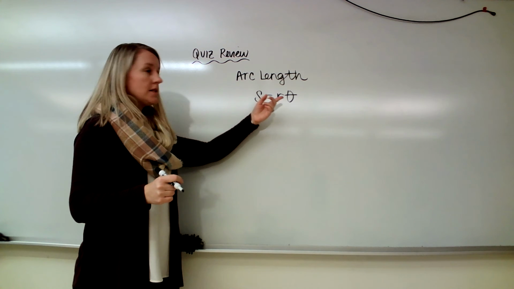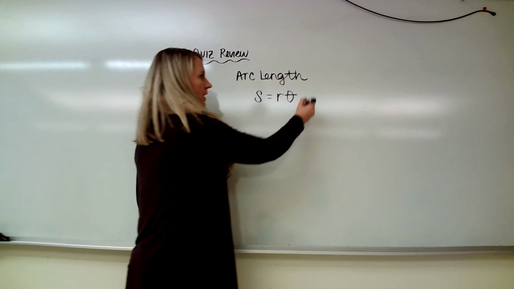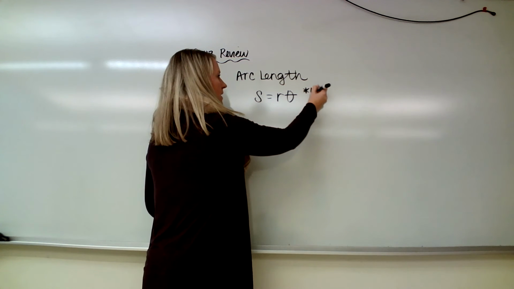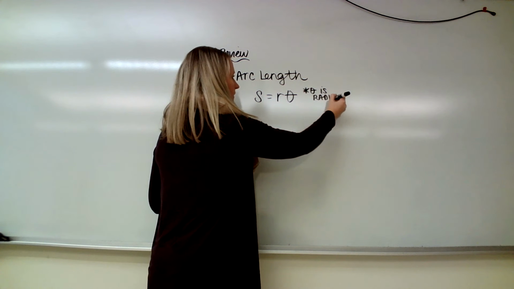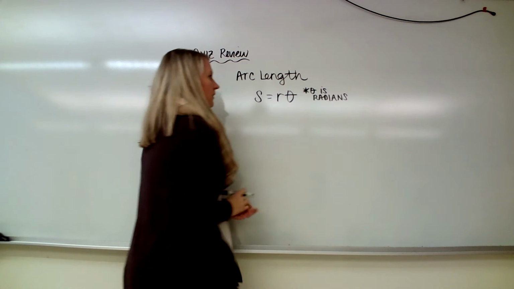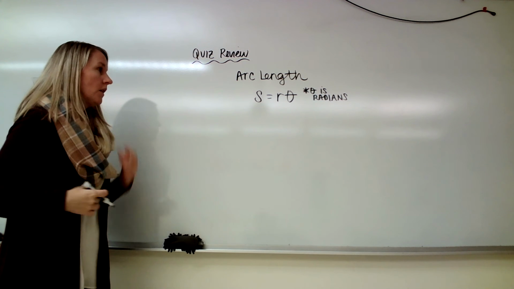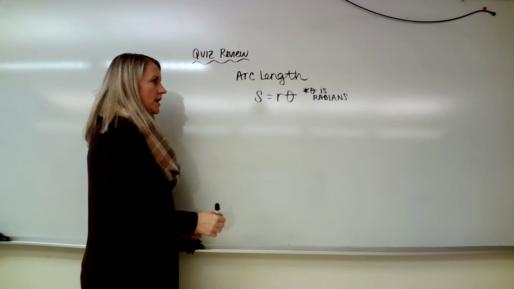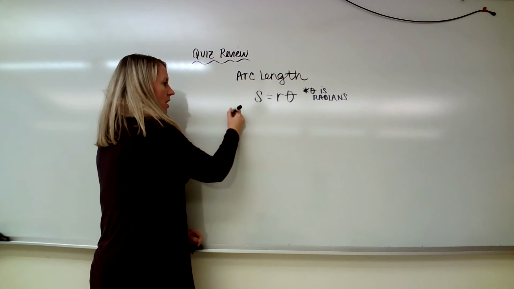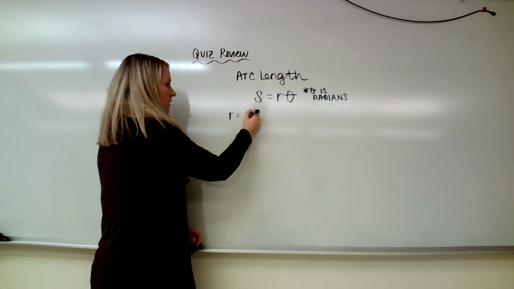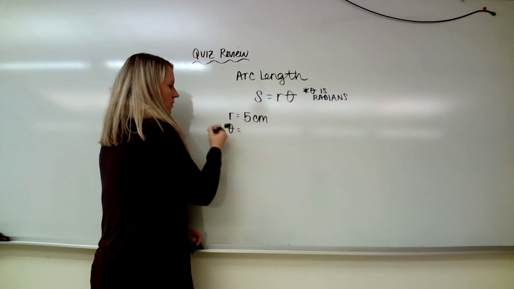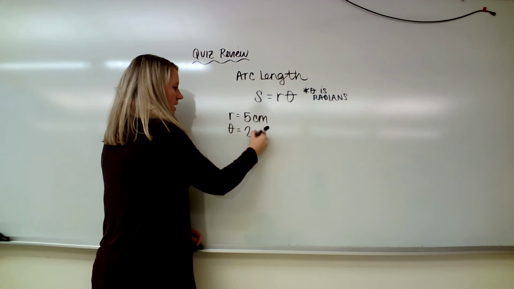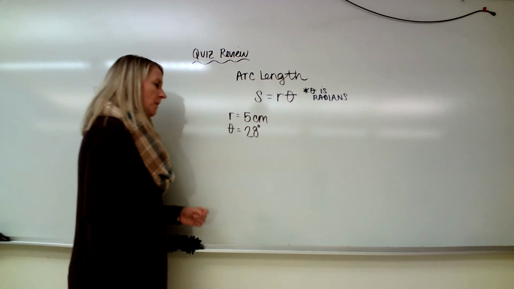R is radius, and theta is angle, and the big thing, and I write it every time, is theta needs to be in radians. So let's say I gave you this information: R equals 5 centimeters, and theta equals 28 degrees.